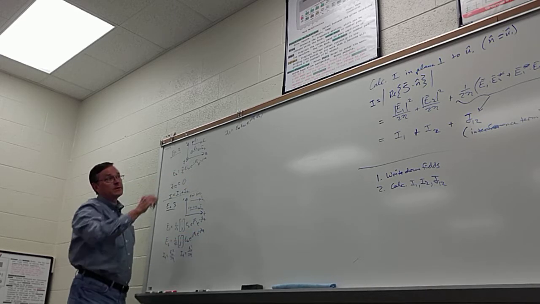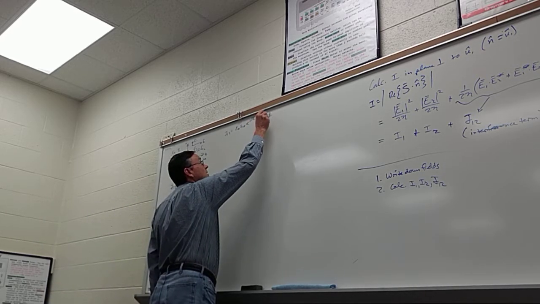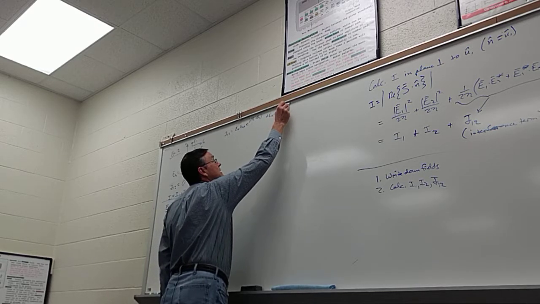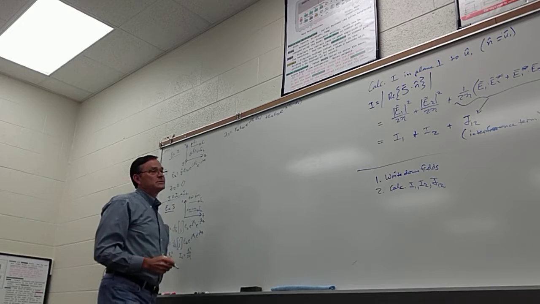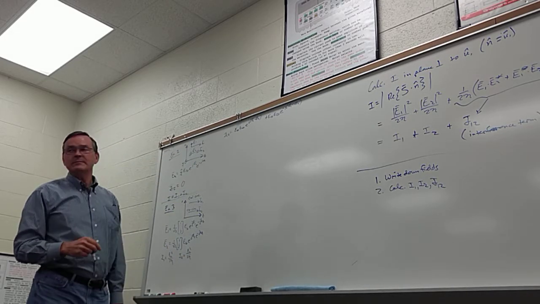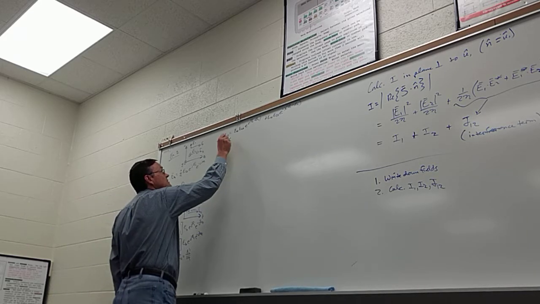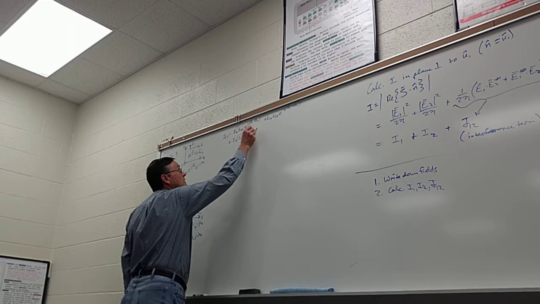Okay, so that takes care of my first term. Second term, I get E10, E20, e to the minus j(phi1 minus phi2). And hey, that sure looks familiar. In fact, it looks exactly the same as over there. So that's just 2 times square root of I1 I2 cosine of delta phi.